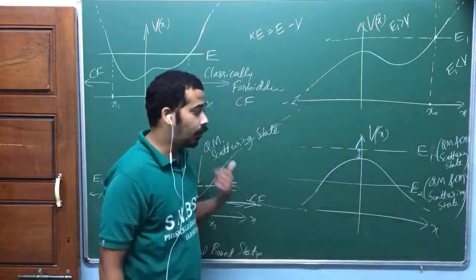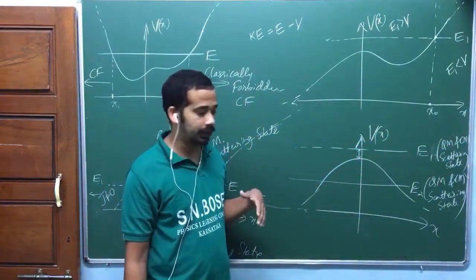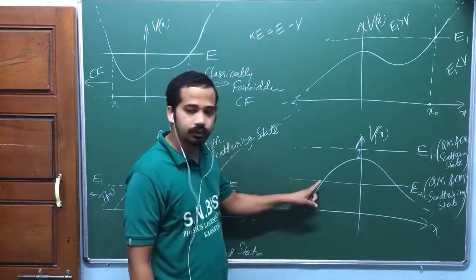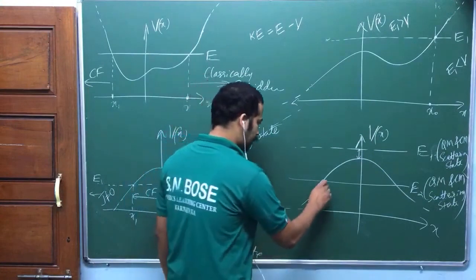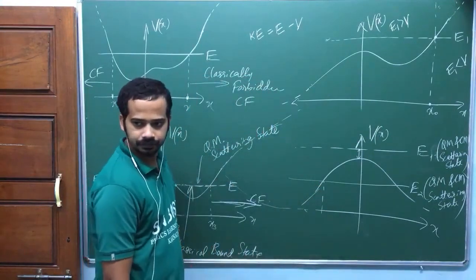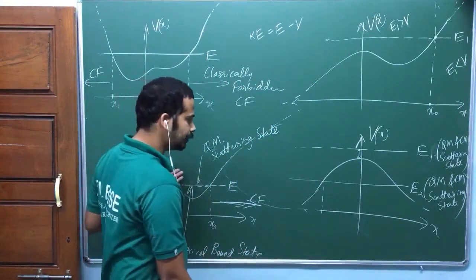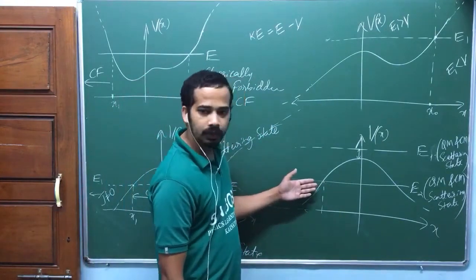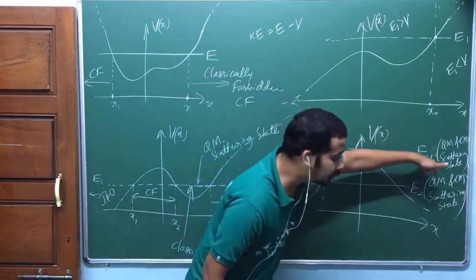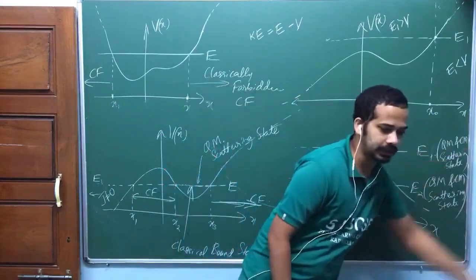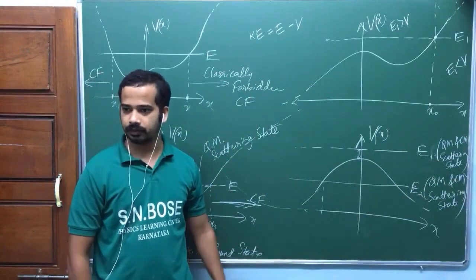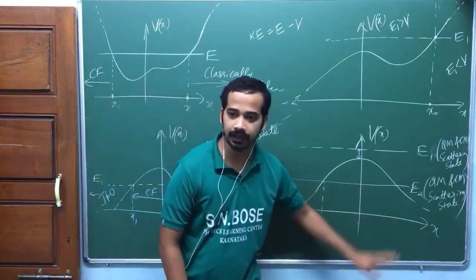Now, what will happen classically, as it is there in the book: if you shoot the particle from minus infinity towards this one, classically the particle will come up to here and go back, 100% reflection. But quantum mechanically, if you shoot the particle from minus infinity, some particles will reflect, and some will tunnel and go to this region, and there they will escape. Somehow particles are escaping here. That's why it's not a bound state. Quantum mechanically, it's a scattering state.